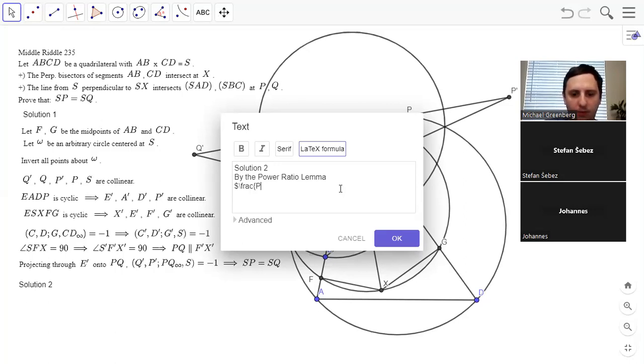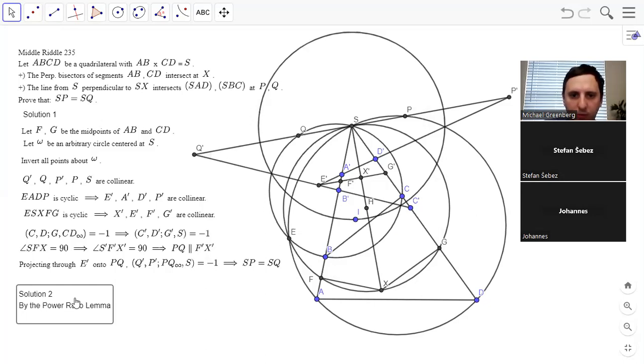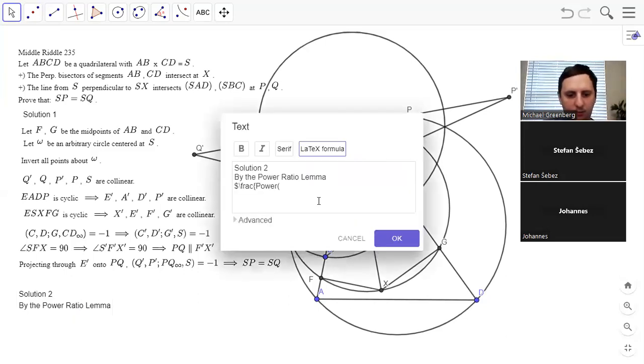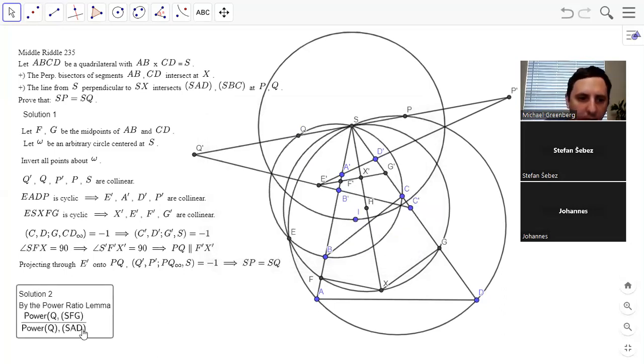The power of Q with respect to SFG over the power of Q with respect to SAD. I think that's what it is. This should be the same as what it is for F.